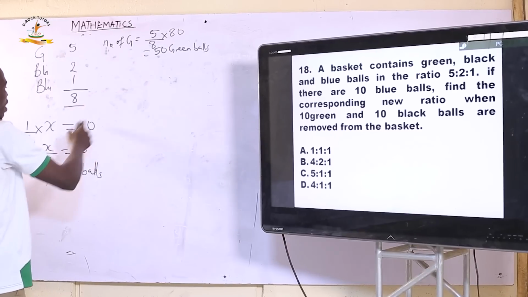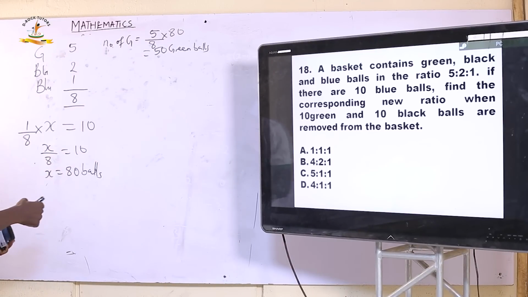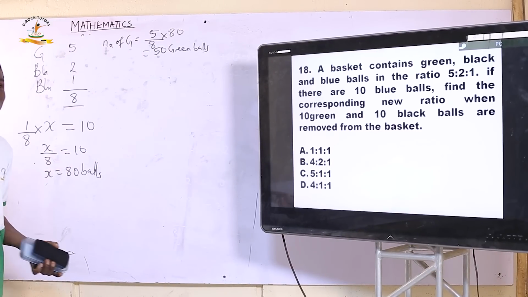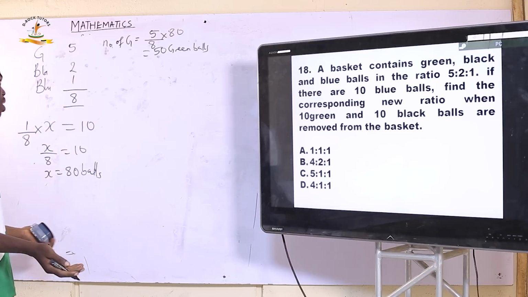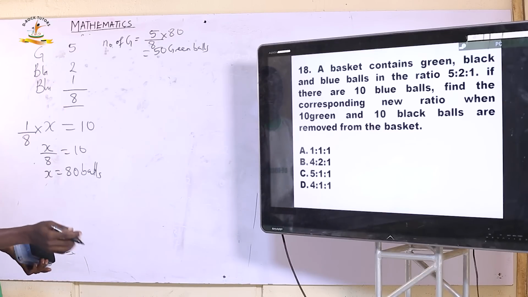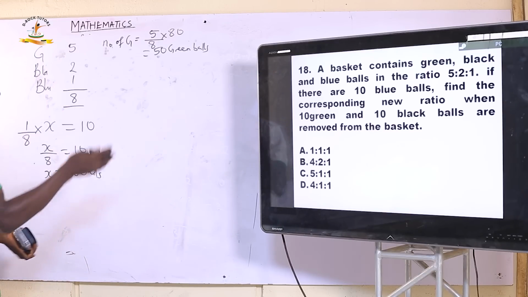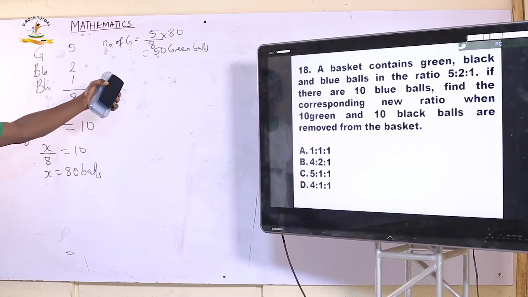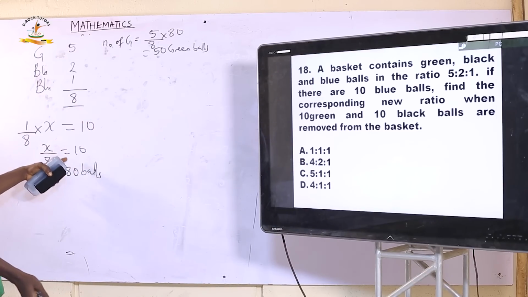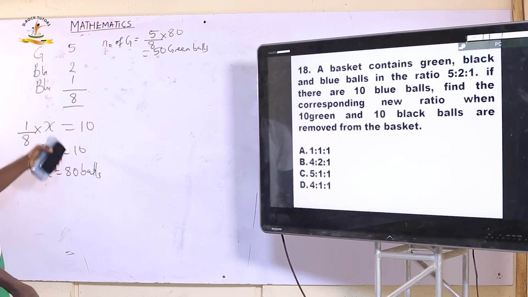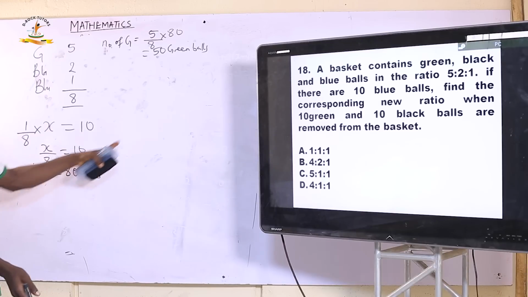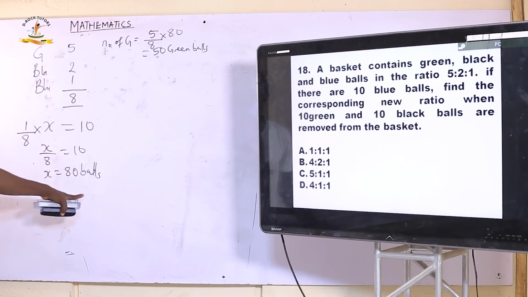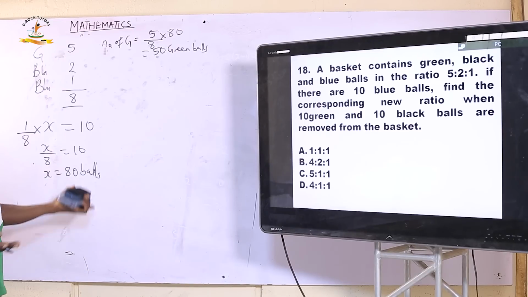Is either you add 50 and 10 together and remove it from 80 to give you 20, or you still go the hard way. I call it the hard way because simply I should have used that shortcut. If there were 80 of them, you had 50 greens, you had 10 blue, then the number of black you should have said 10 plus 50 minus 80 is going to give you 20. But let's go the hard way.